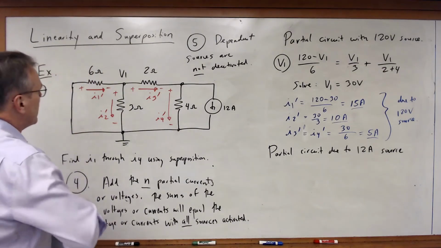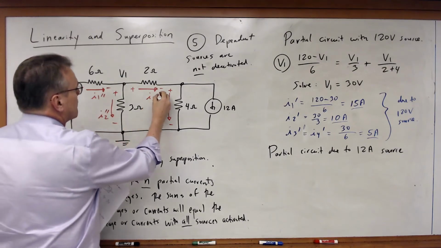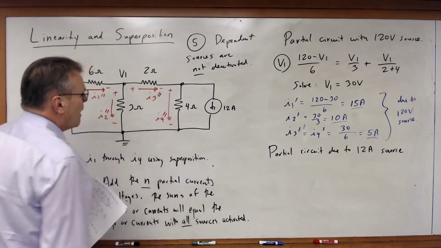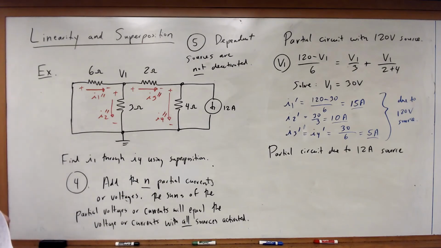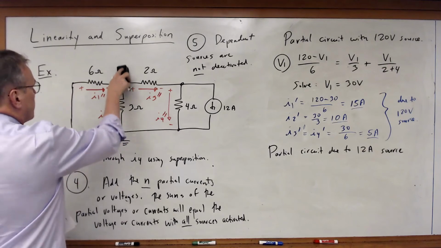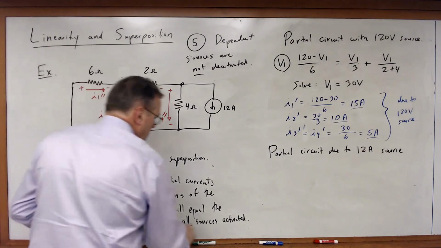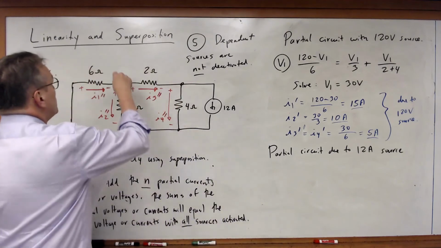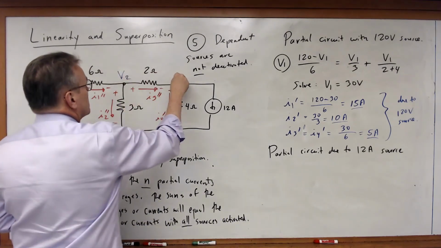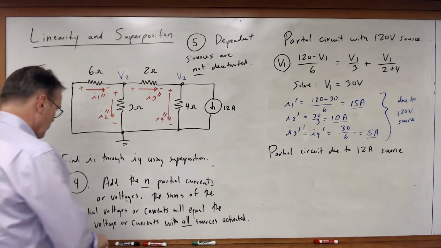In this case, I'm going to find I1 double prime, I2 double prime, I3 double prime, I4 double prime. And now let's go through and solve this. I'm going to give this a different variable name. Let's call this V2 and V3 to distinguish from the V1 I had in the other circuit.